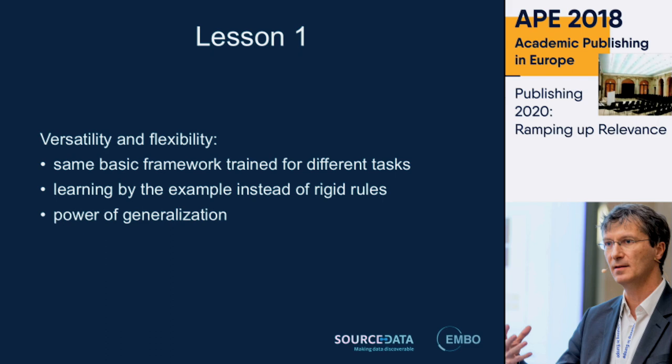And essentially these models are learning by example, and it provides a quick way, or maybe not so quick, but a very flexible way to do different tasks, instead of developing rigid rules for every case study. And of course, the power of generalization of these models is the true value.